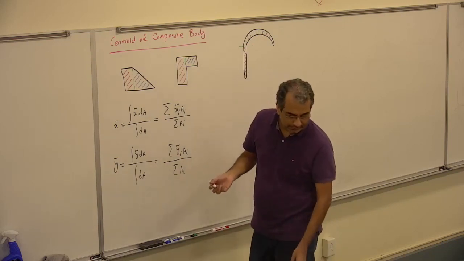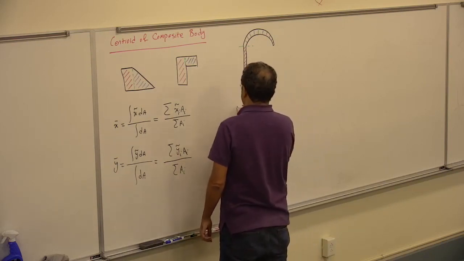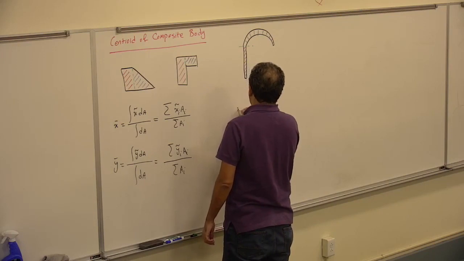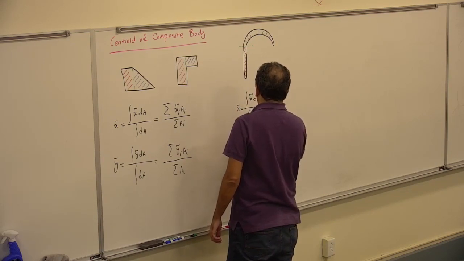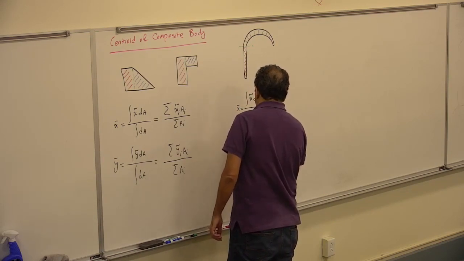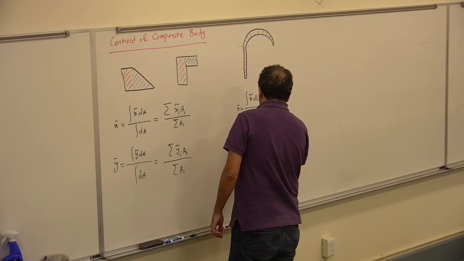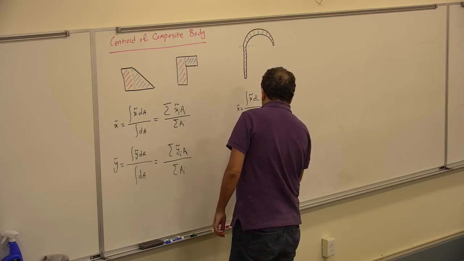So for the line I have x bar is x tilde dl over dl, and y bar is y tilde dl over dl.